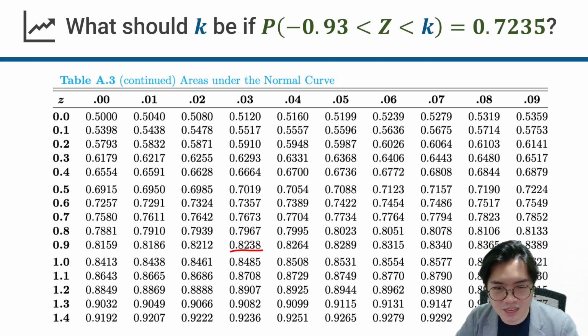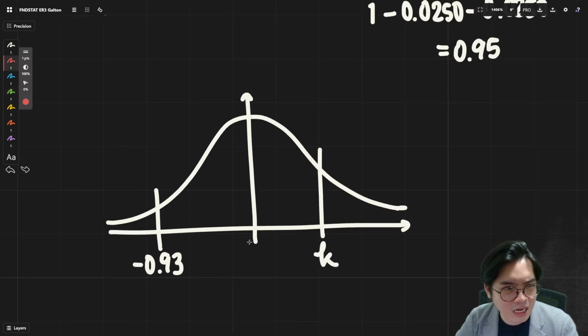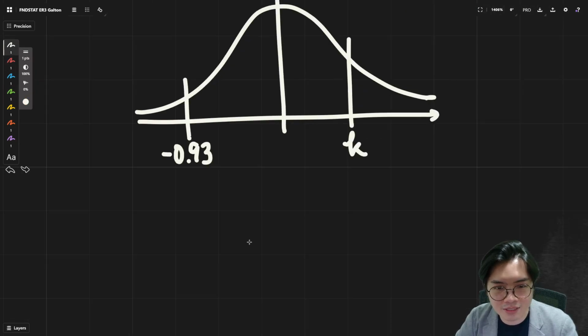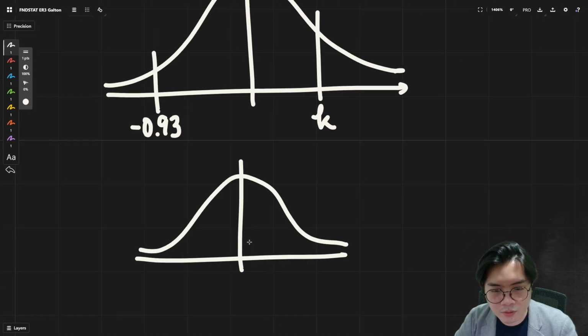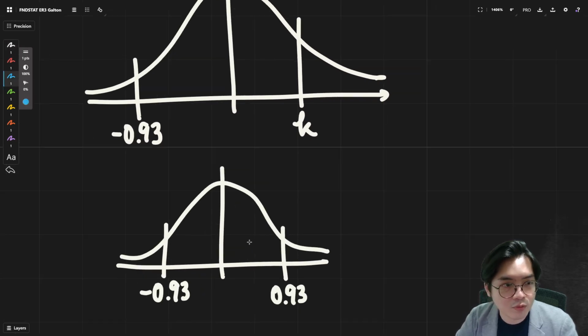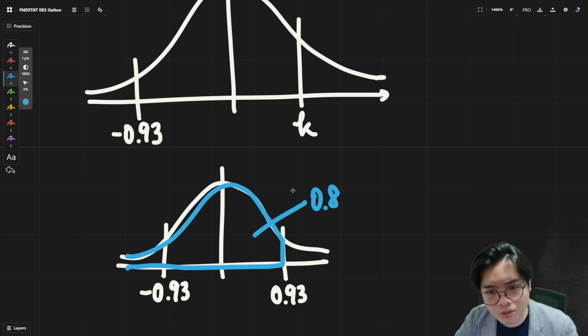You're going to say, wait a second, how would I know what the values are there? Well, if you think about this, we know that this value of 0.93, let me have negative 0.93 in here as a reference, we know that this value right here has an area of 0.8238.